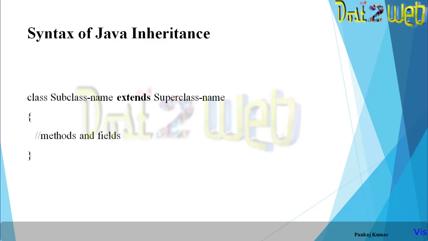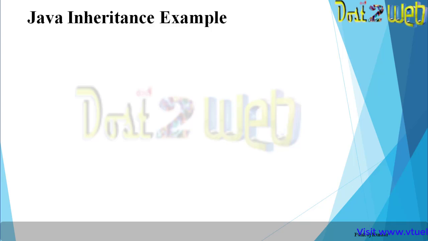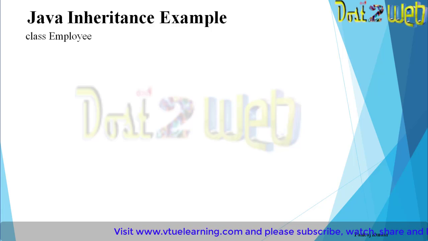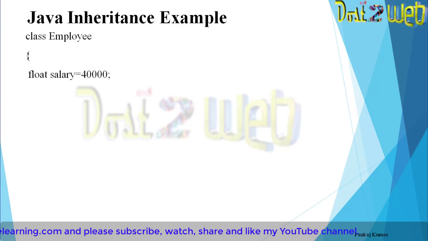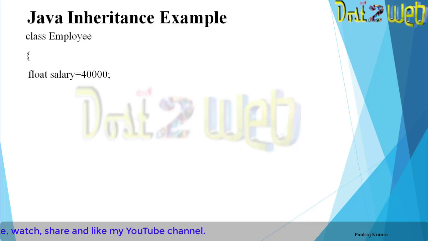Okay, so hope you understood this syntax. So let's see the next example. A very simple program. We will create an Employee class. We will define a salary as a floating value, some value, whatever you want.